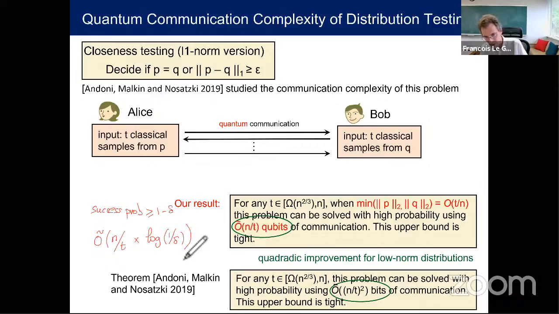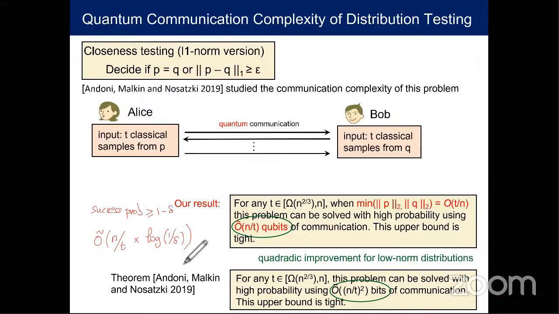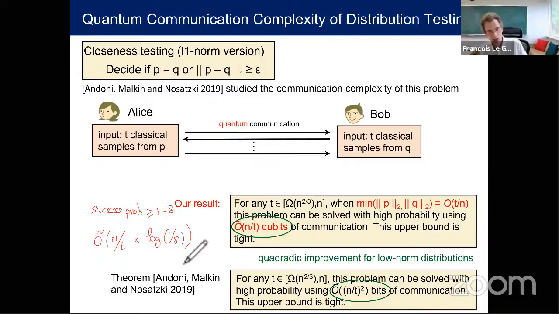And the point is that the dependence on the error is extremely good. So you can have whatever success probability you want. This is essentially a general rule, because when you have something that succeeds with probability larger than 2/3, then you can amplify the probability.